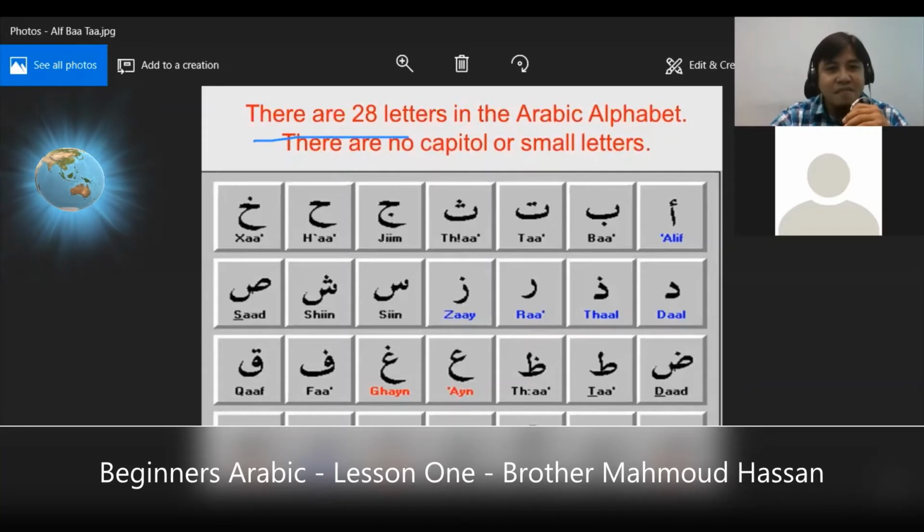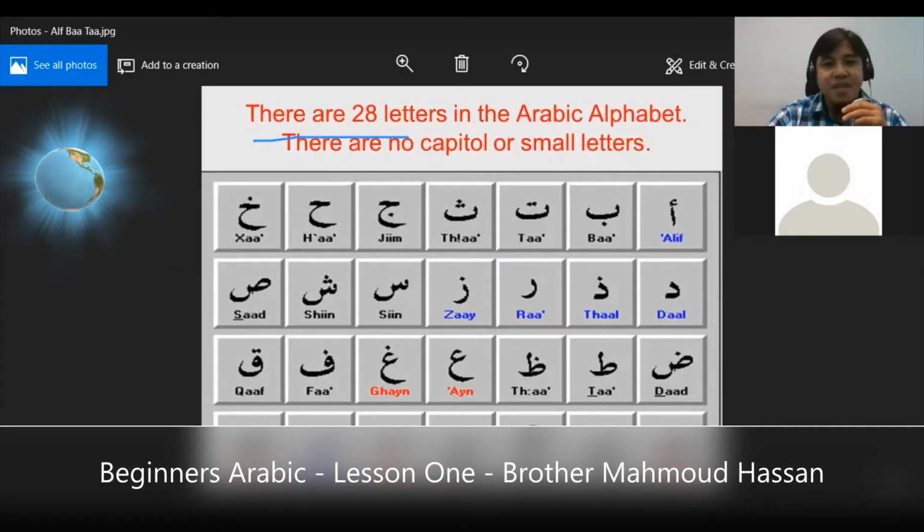So after mentioning the short vowels, now I am mentioning the long vowels. In Arabic, there are three kinds of long vowels. Number one is alif, which also comes from the Arabic alphabet. The second one is ya, and the third one is wow.